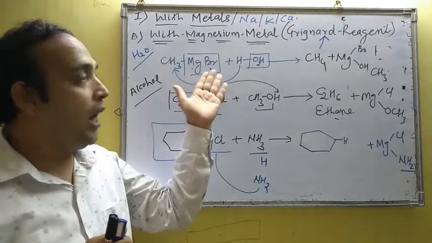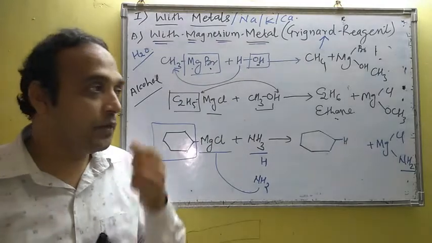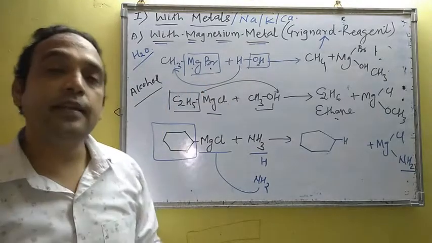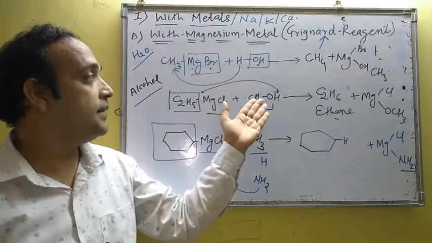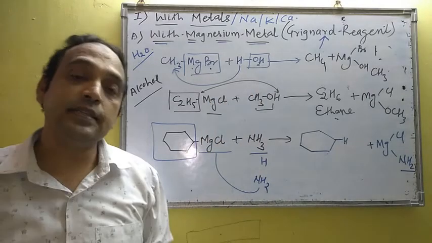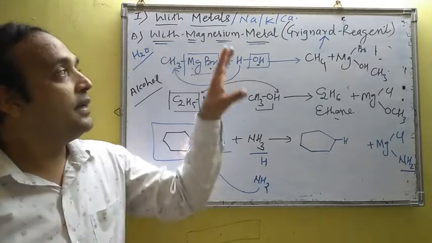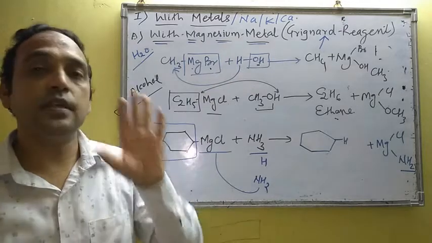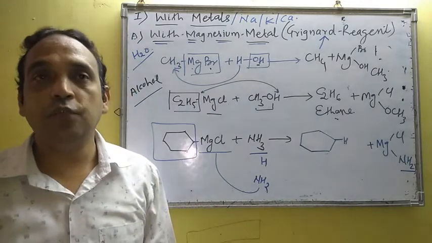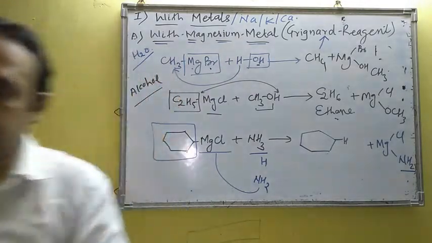Now how does Grignard reagent convert into hydrocarbon? Grignard reagent reacts with alcohol, with water, with ammonia, and this is all about your first reaction, that is, reaction with magnesium metal.